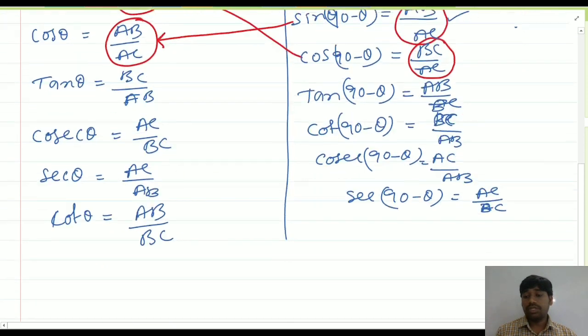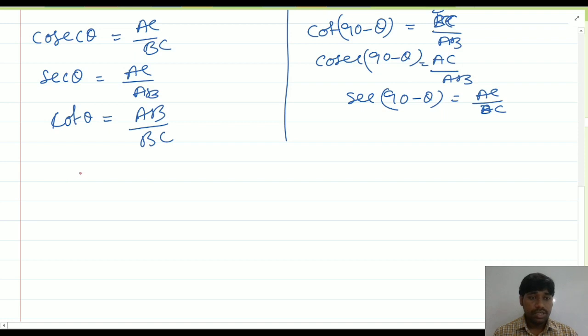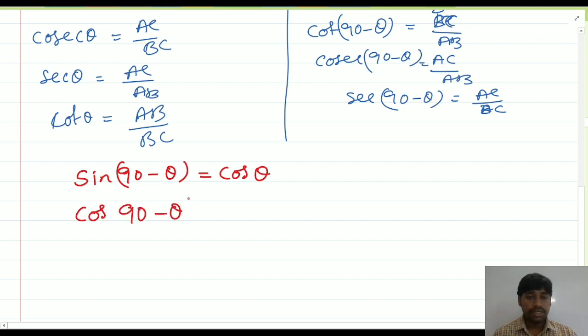Now write the conclusion down. What did we get? Sin 90 minus theta becomes cos theta. Cos 90 minus theta becomes sin theta. This is the conclusion we got.